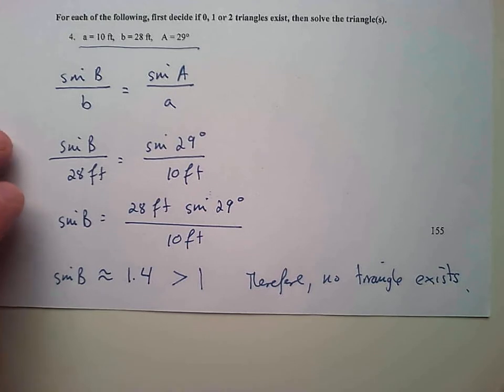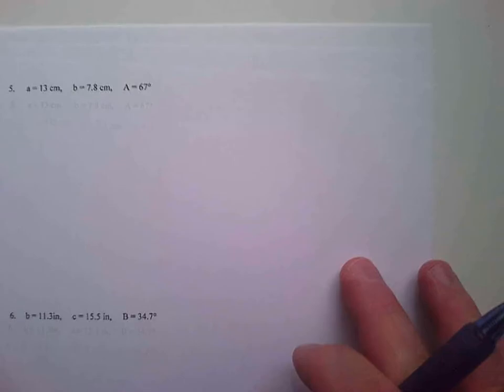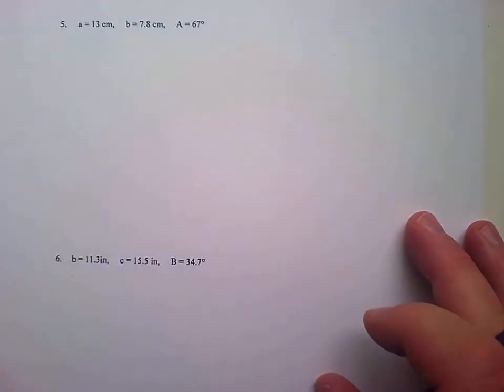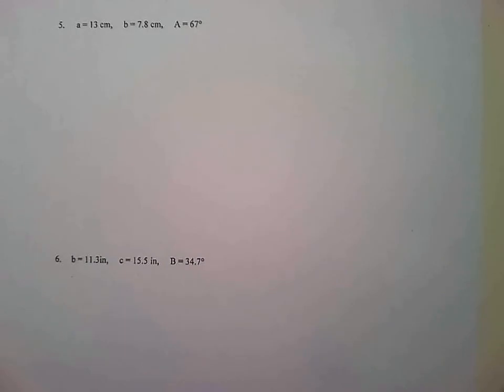Alright, let's go on to number 5. We have that a is equal to 13 centimeters, b is equal to 7.8 centimeters, and angle A is equal to 67 degrees.